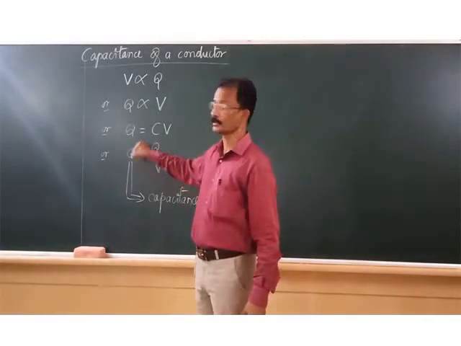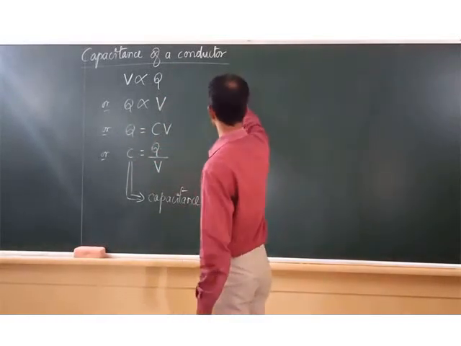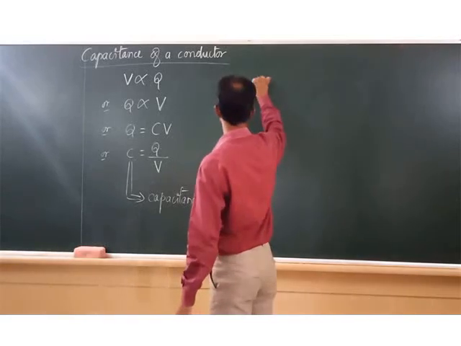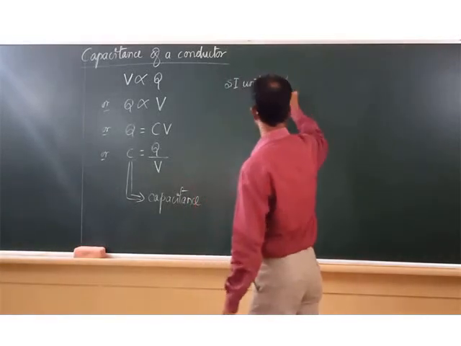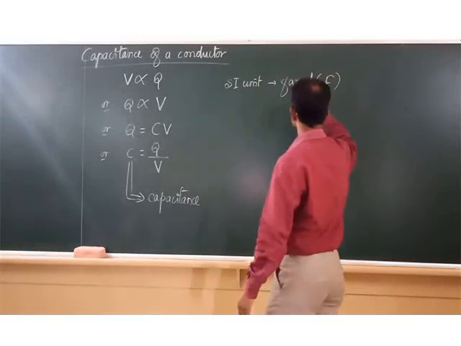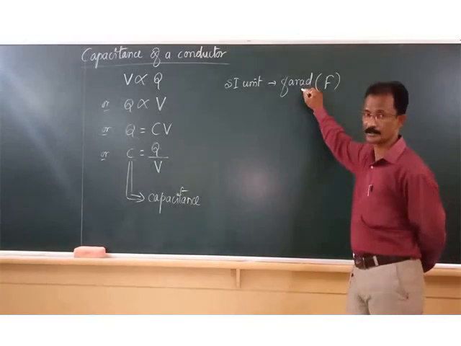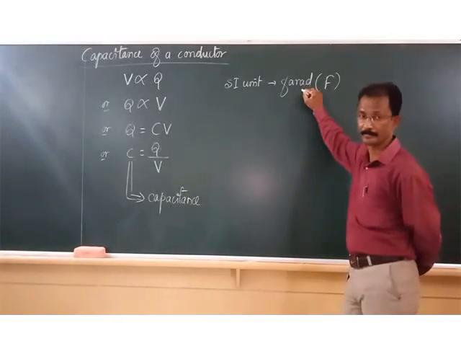capacitance. The capacitance of a conductor is measured by SI unit farad, denoted by capital F. The SI unit of capacitance is defined as the farad.